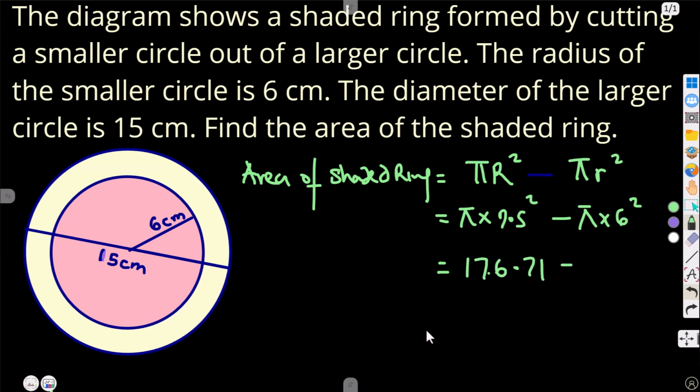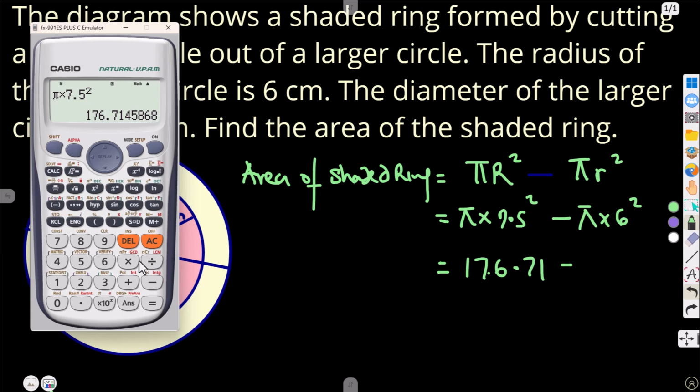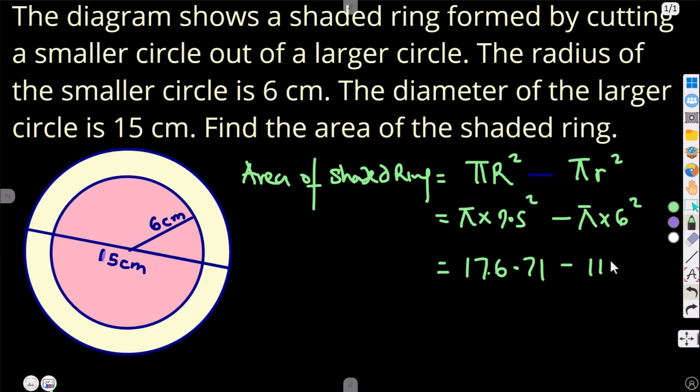Then pi times 6 squared, and if I do that, I will get 113.10. Now I will need to subtract these two numbers to get my final result.